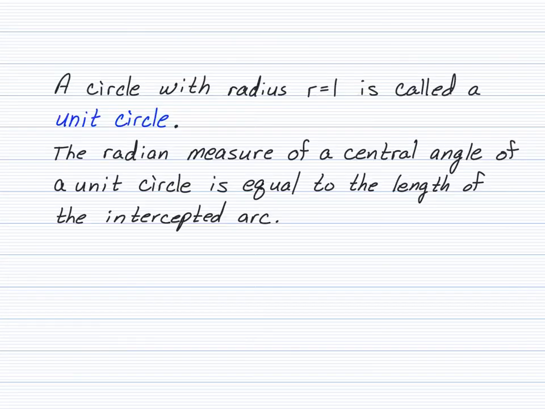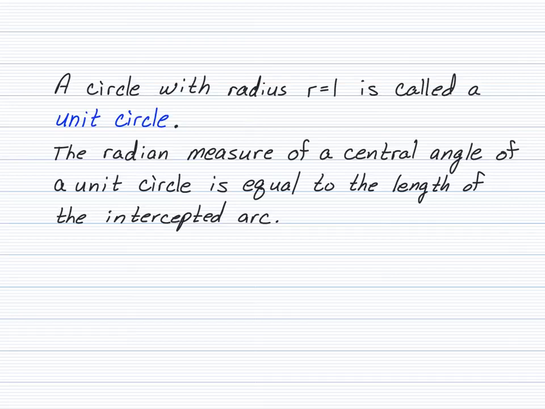Okay. So a circle with radius 1 is called the unit circle. The unit circle is something we will be using frequently, not just in this class, but in pre-cal and calculus; you will be using that unit circle all the time. The radian measure of a central angle of a unit circle is equal to the length of the intercepted arc.